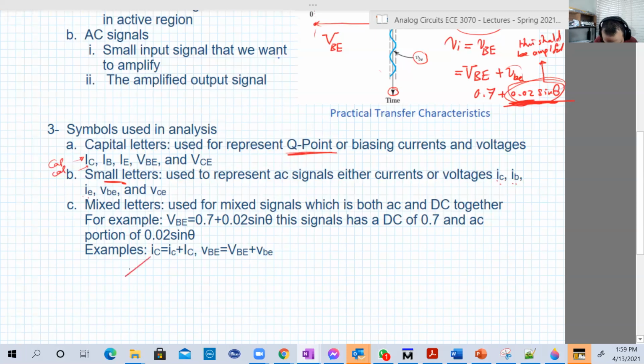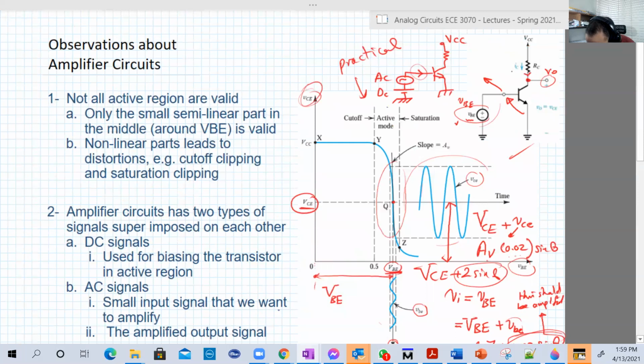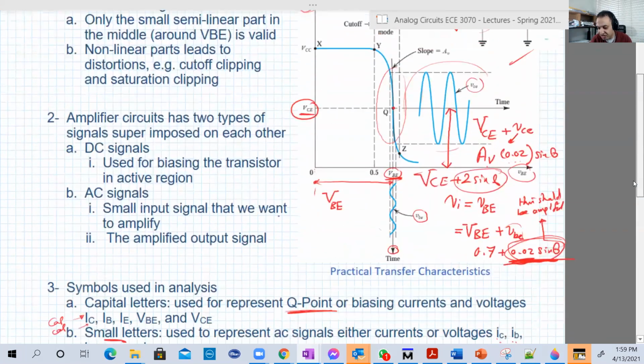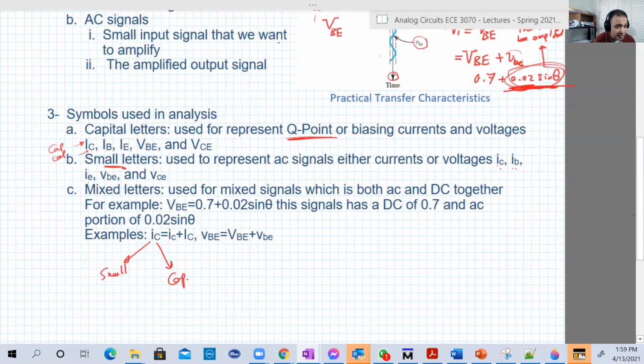For example, i small C capital means the complete collector current, the current that flows into the collector, with both AC and DC components. So i small C capital is basically i small c small plus I capital C capital, which is the AC part plus the DC part.